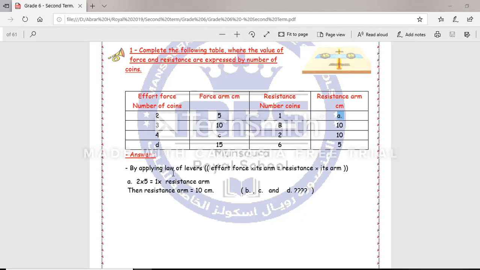By applying the law of levers. The law of levers states that the effort force multiplied by its arm equals the resistance force multiplied by its arm. So A equals 2 multiplied by 5 divided by 1. So A equals 10. And so on in B, C, and D.